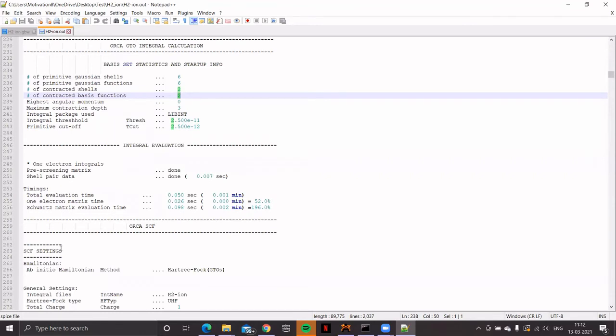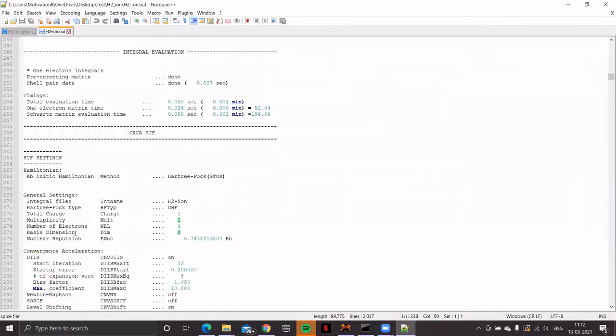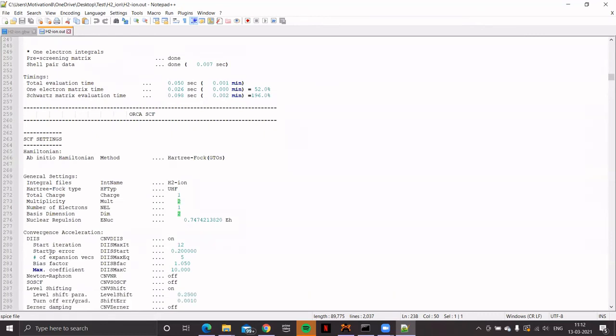Okay, now the SCF setting starts there. At each geometry, they will try to get a proper combination of the input basis functions. They are doing all that calculation using some method called DIIS, direct inversion in the iterative subspace.